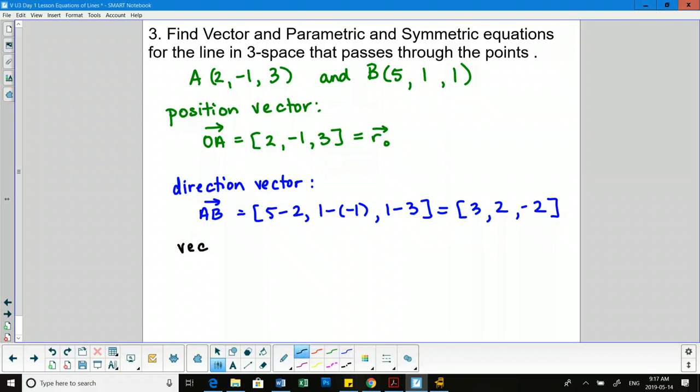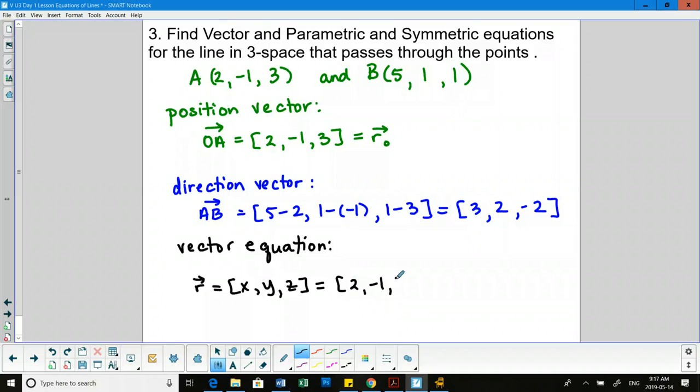Okay, so our final vector equation of this line in 3 space is going to be expressed very similar to how we express in 2 space. It's going to be r, and again, sometimes you'll see this notation where it says x, y, z, and then I'll have our position vector, or r naught, plus our parameter t, and the direction vector.